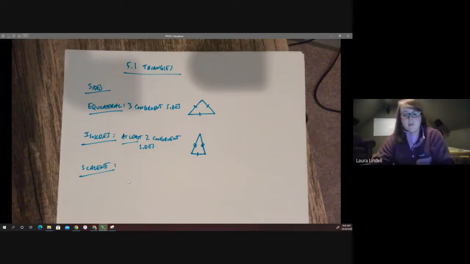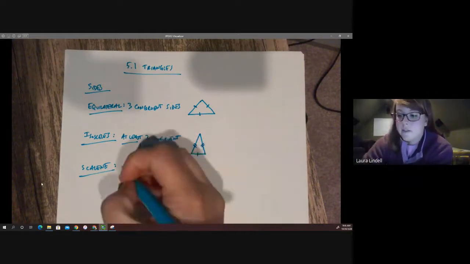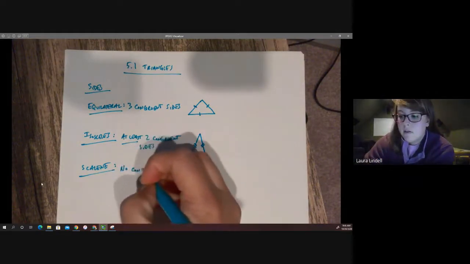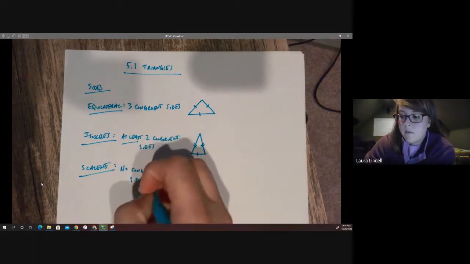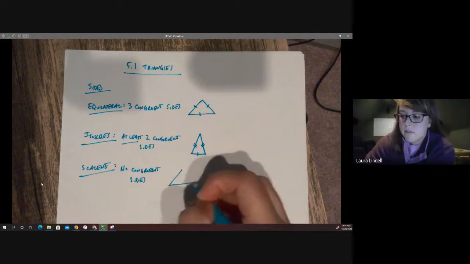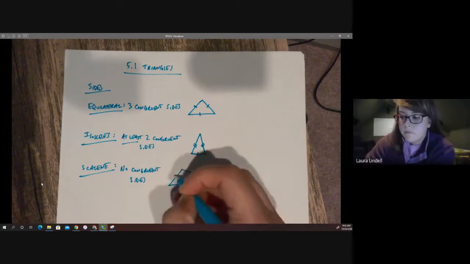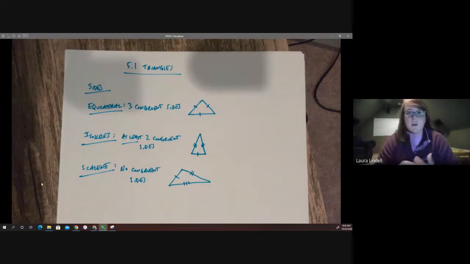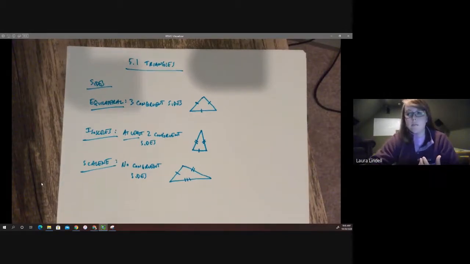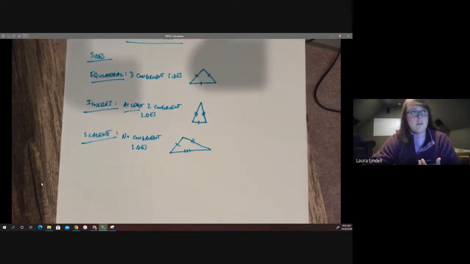Okay, and then the last one, scalene, is the third option, no congruent sides. So we might see something like that where all three sides are different. Okay. So that would be classifying a triangle by its number of congruent sides.